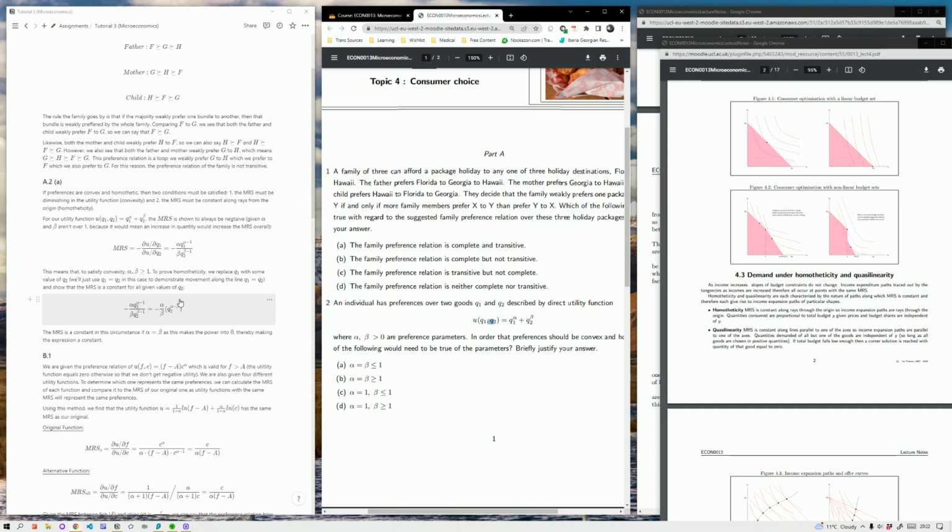This would only be a constant if it equals 0. If it's 1, then Q2 can still vary and change it. No, sorry, it has to be 0. So alpha minus beta equals 0, so they must be equal to each other. That's how we prove homotheticity.